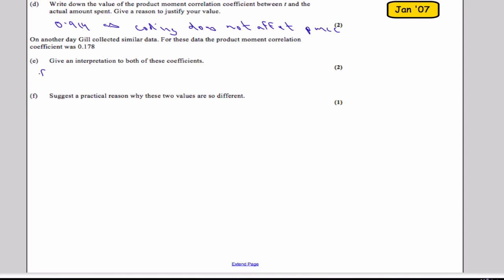So for 0.914 suggests longer shopping time increased the spend.